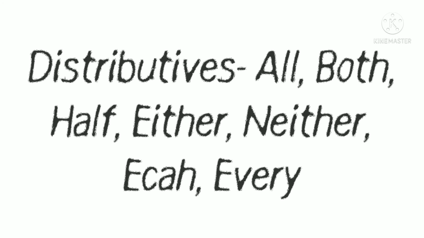And these distributives are also a kind of determiner. So they are clubbed under determiners. And we use these to distribute some of the things or to refer to any kind of distribution.